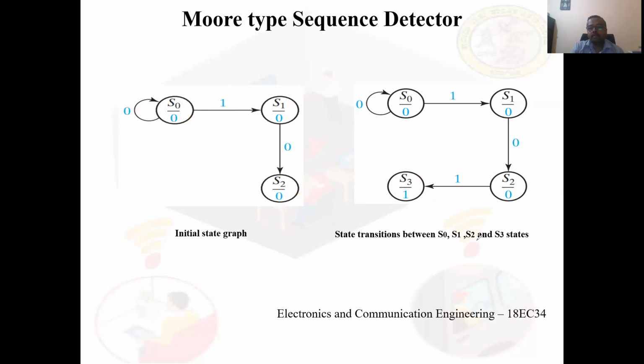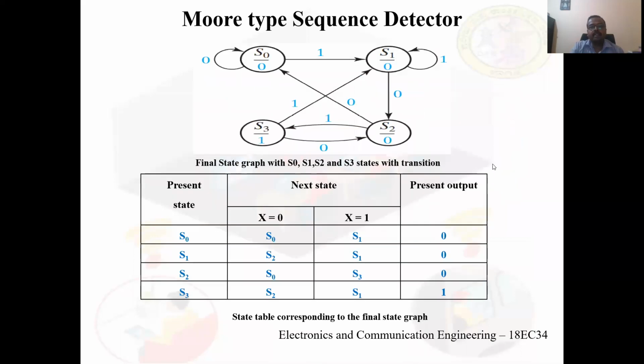And this is still not complete, and the final state graph is given in the next slide. Now, when the input is 1, it will go to the state S1 here.